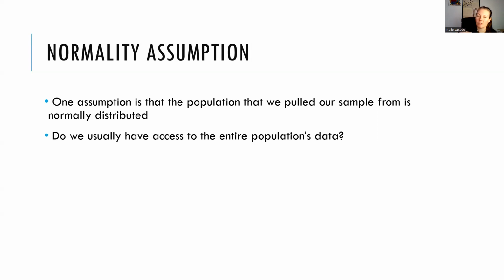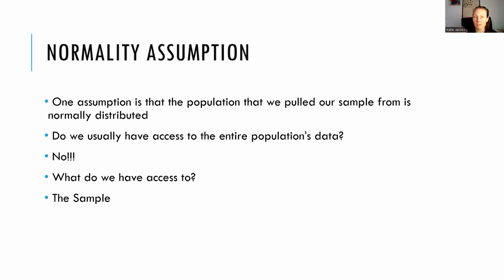Inferential statistics, we're using a sample to approximate and make guesses about what's going on with the overall population. We don't usually have access to that. So if we don't have access to our population, what do we have access to? Our sample. Okay. So eventually what we're going to do is check to see if our data set is normally distributed or follows the same shape of the normal curve.